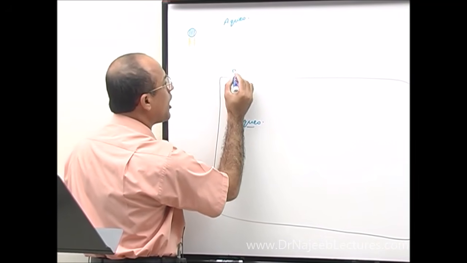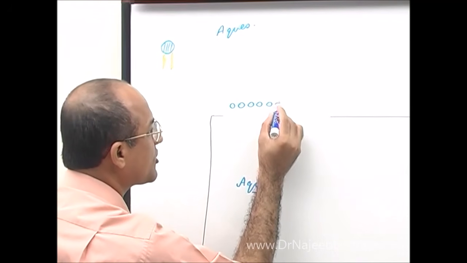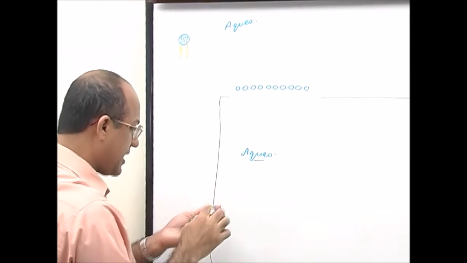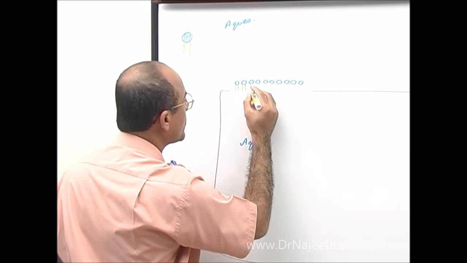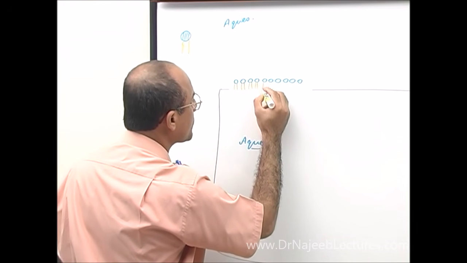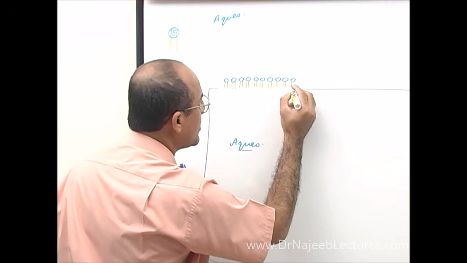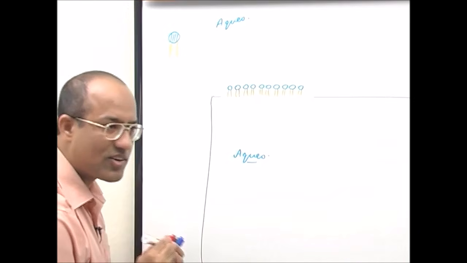Now, what really happens is that in this part of the membrane, this water soluble part will be oriented outward towards the external environment, right? And what are here? These are fatty acids, and these are hydrophobic. Is that right?